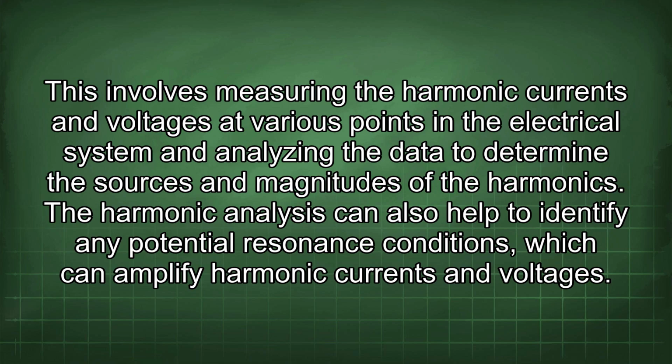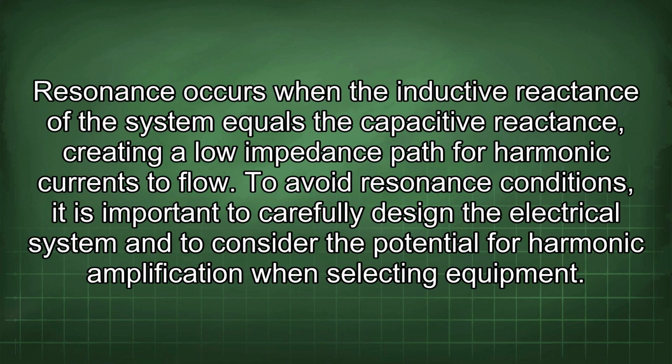The harmonic analysis can also help to identify any potential resonance conditions, which can amplify harmonic currents and voltages. Resonance occurs when the inductive reactance of the system equals the capacitive reactance, creating a low impedance path for harmonic currents to flow. To avoid resonance conditions, it is important to carefully design the electrical system and to consider the potential for harmonic amplification when selecting equipment.